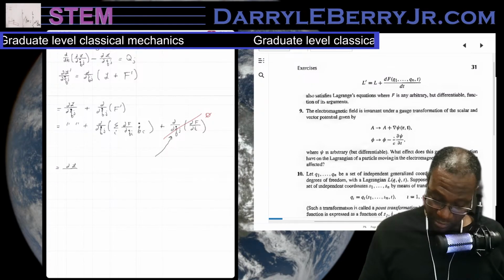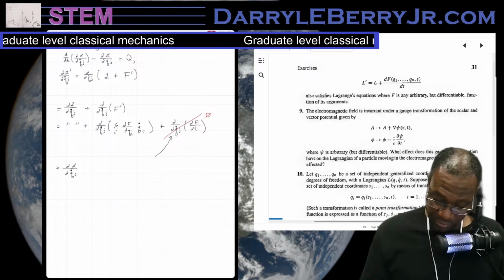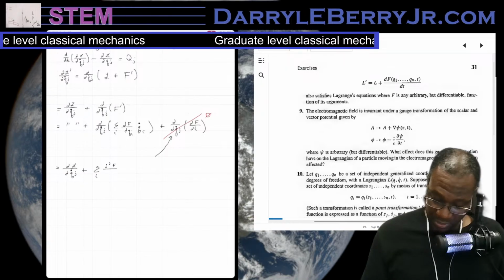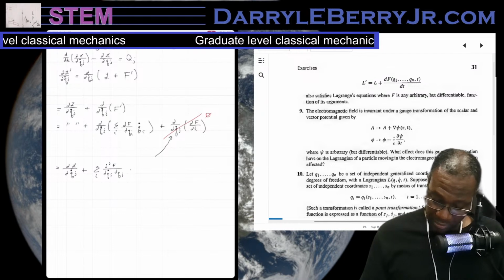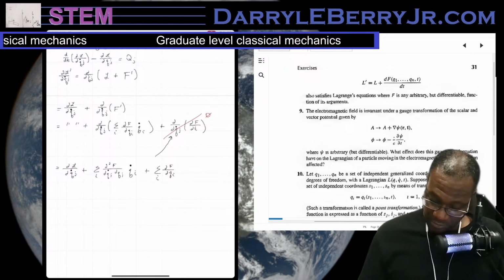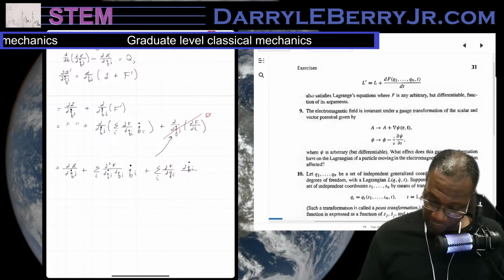So this is partial L over partial q dot j plus sum over i of partial squared f over partial q dot j partial q_j q dot i plus sum over i of partial f over partial q_i, partial q dot i over partial q dot j.